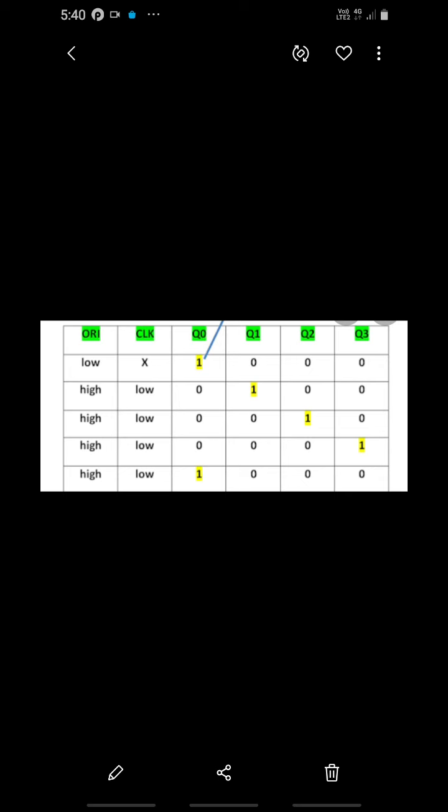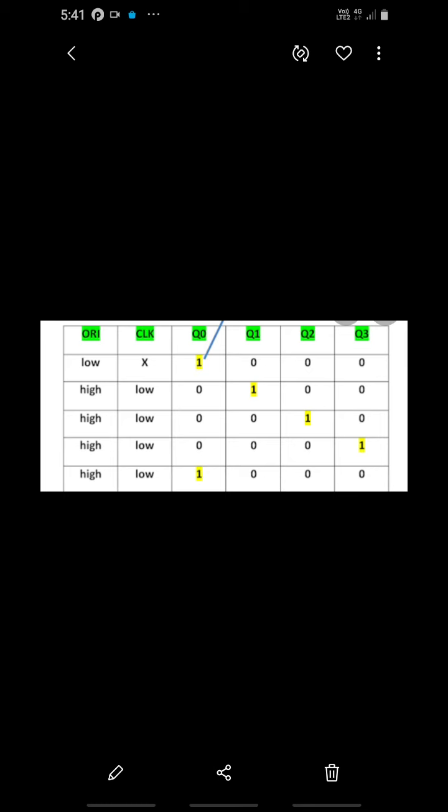That is the initial position. And when applying the first clock pulse, the 1 is shifted, then the output is 0 1 0 0 0 0. And during the second clock pulse, the output is 0 0 1 0 0 0.